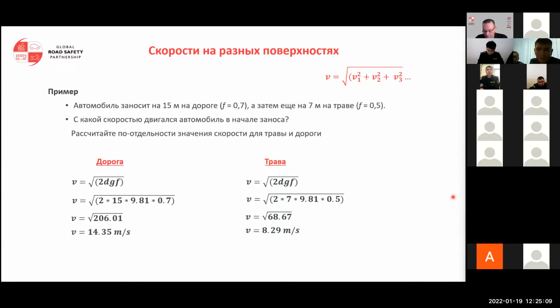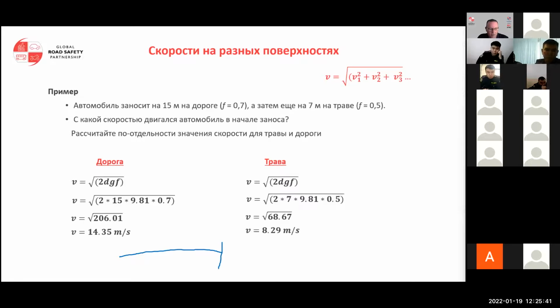But we'll go through. So this example, a vehicle skids for 15 meters on the road with a drag factor of 0.7. It then skids a further 7 meters on grass, and our drag factor on grass is 0.5. We want to know how fast it is traveling at the start of skidding. And a handy hint for these types of situations is draw a little picture.